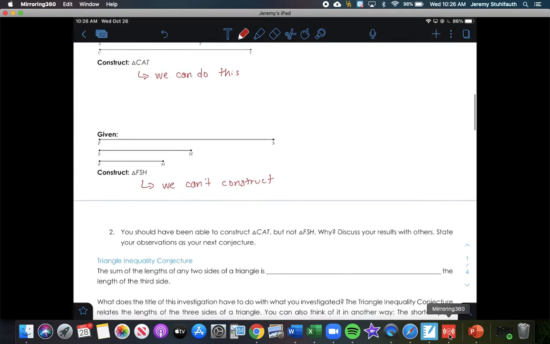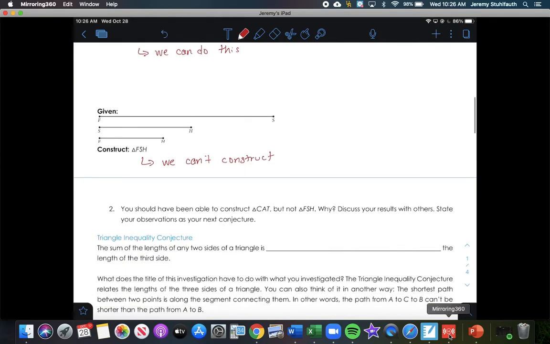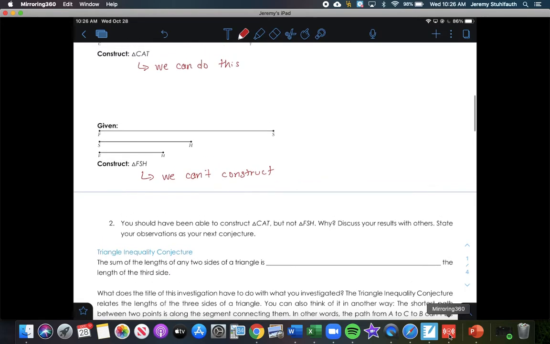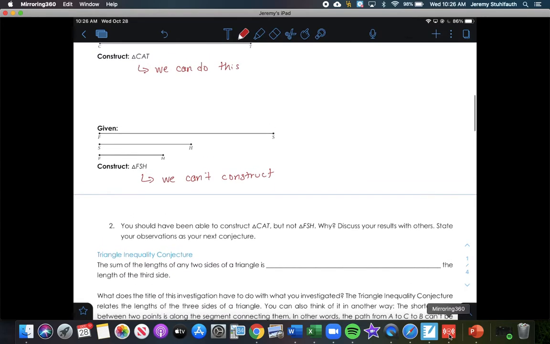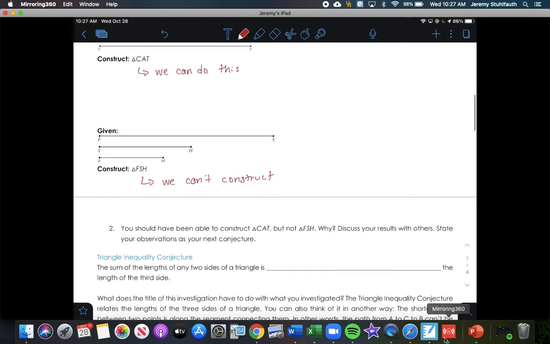Okay? And we want to talk about why we couldn't construct this triangle FSH.